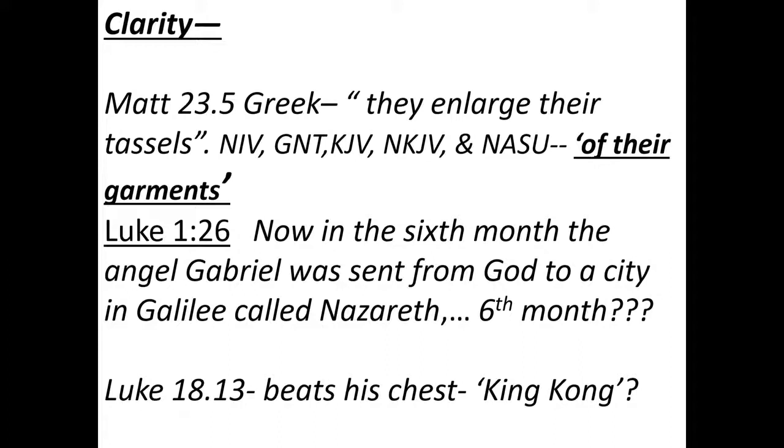Or John, you did this parable regarding the tax collector and the Pharisee. He beats his chest. Is it King Kong? You have to look at that and say, what is he talking about? He is in sorrow. I'm in sorrow for the position that I placed myself in, and those of my family, and Lord, please forgive me for such things.